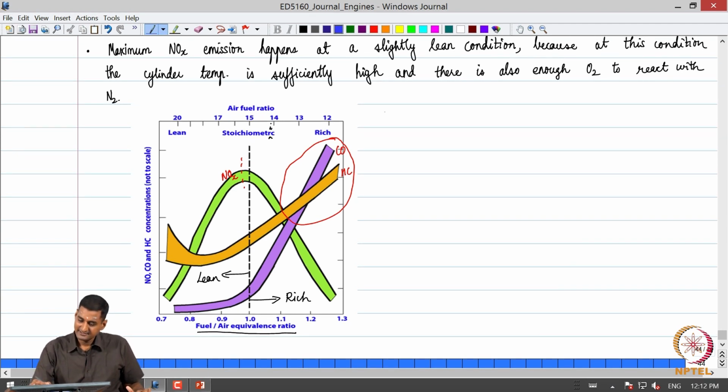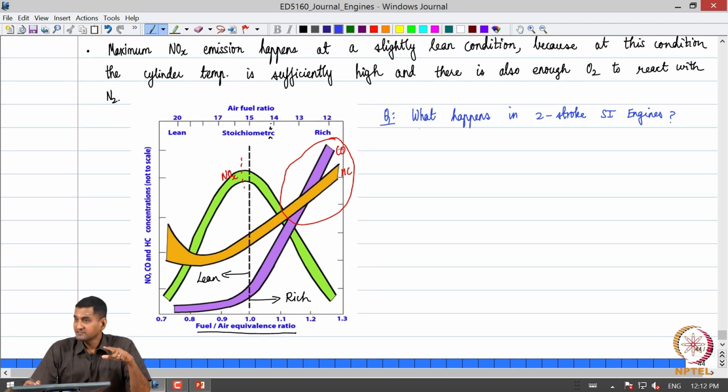In addition, the question is what happens in 2-stroke SI engines. Okay. So, this is a general trend in SI engines, but what do you think will happen in 2-stroke SI engines when compared to the 4-stroke SI engine? In 2-stroke SI engines, we can immediately see that the process of scavenging would result in more unburned fuel escaping with the exhaust.